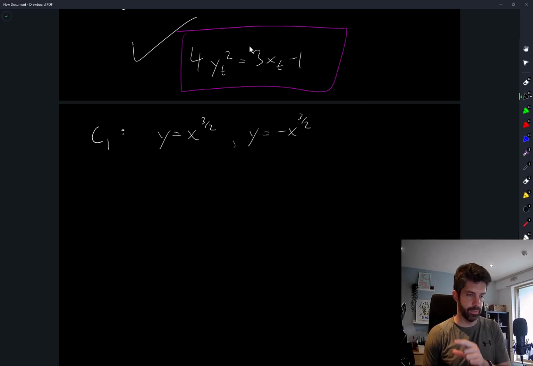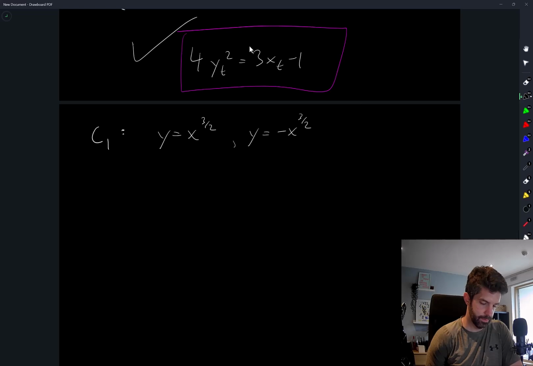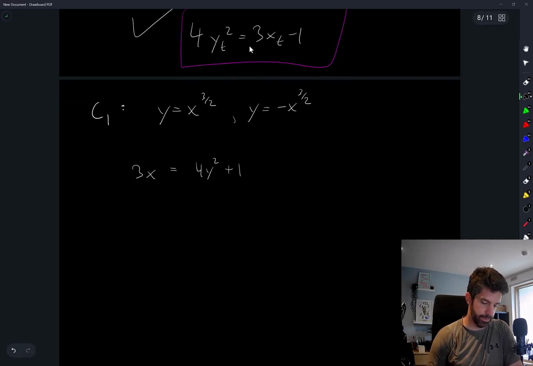Opening to the right. Let's write this as 3x is equal to 4y squared plus 1. So maybe they don't intersect.